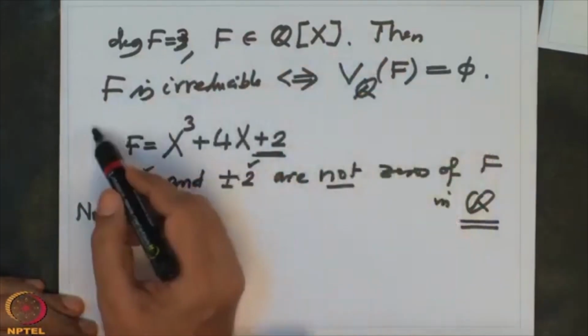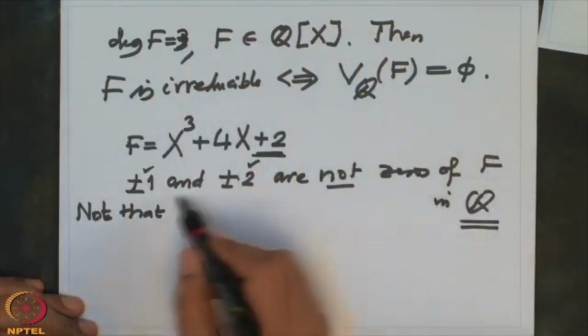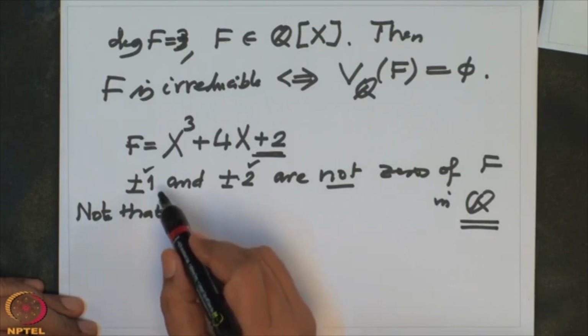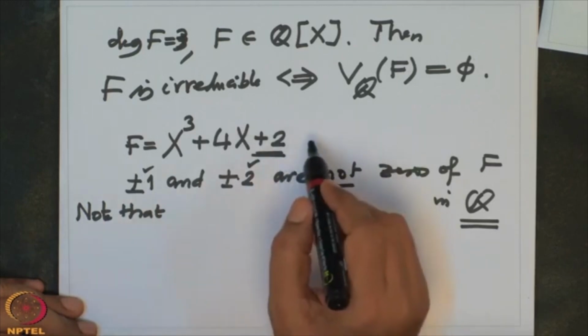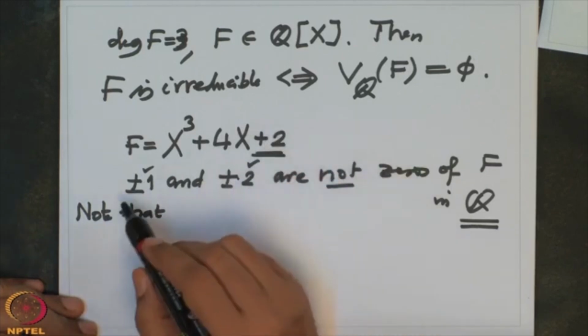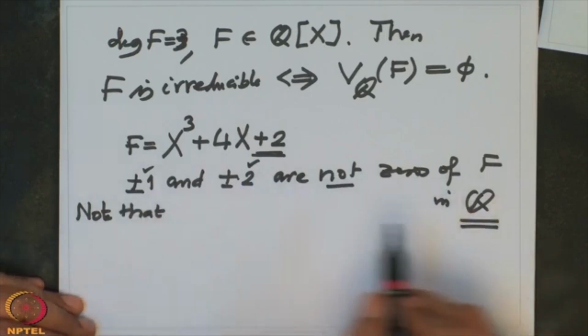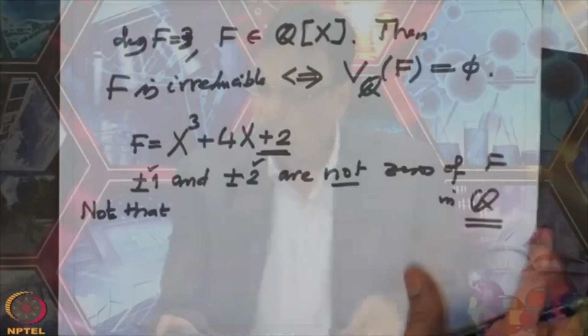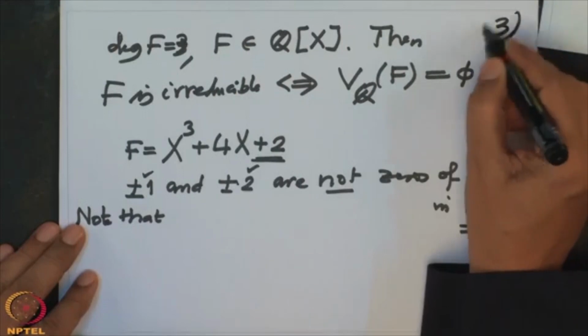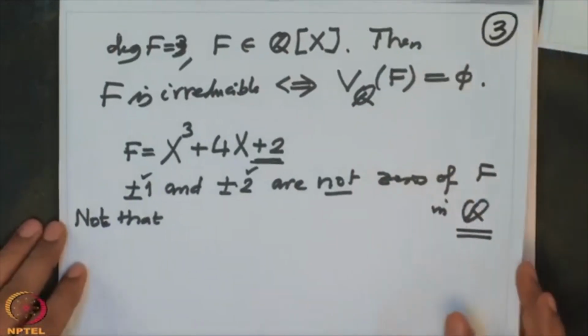The only thing I use rational numbers for here is that it's enough to test the integer divisors of the constant term. If none of the integer divisors of the constant term is a zero of f, then f will be irreducible over Q. So in general, you have realized that it is not easy to test, even for Q, whether a polynomial is irreducible or not.